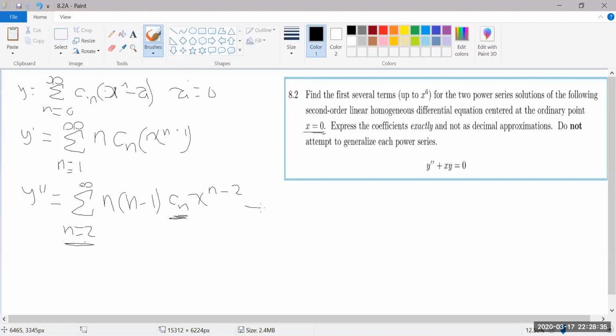So now we are going to plug that back into our original differential equation.